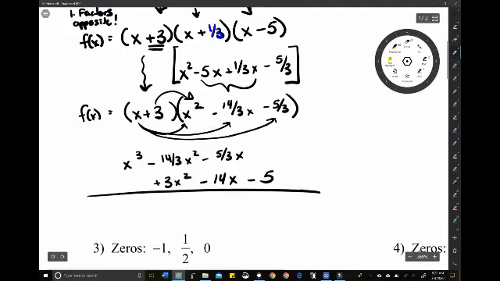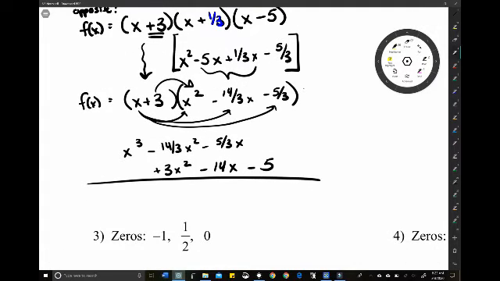Okay, from here, just add again. And again, if you didn't catch that, you can use your calculator. So times -5/3 is just -5.